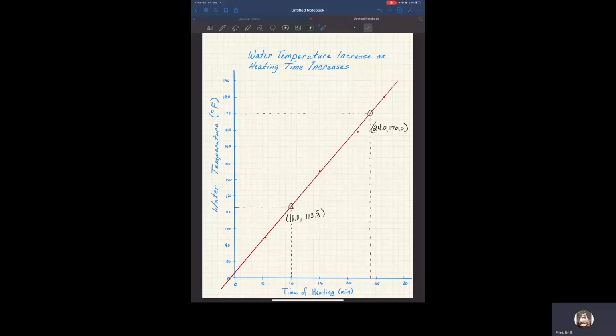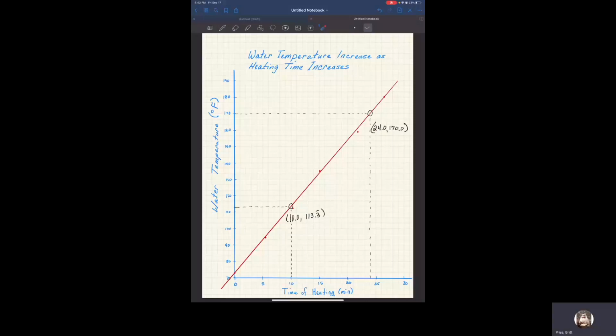For my best fit line, use straight edges. Use a straight edge, especially since we're going to be using this line to calculate, in the case of the experiment, the density of the solid, whether it was A, B, C, or D, or whatever your solid was.